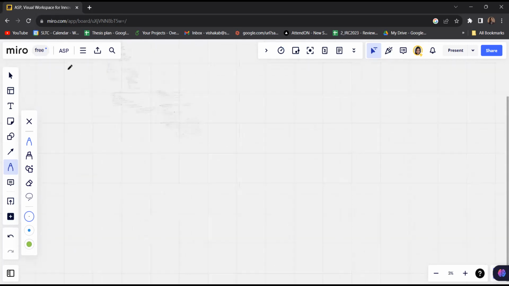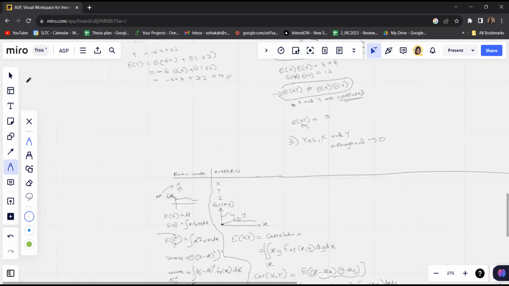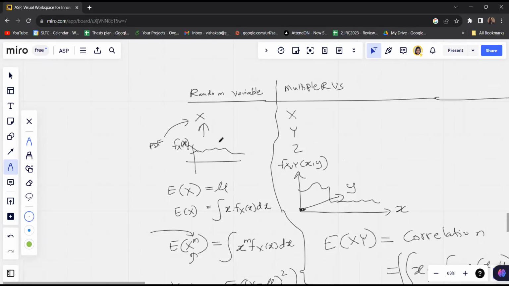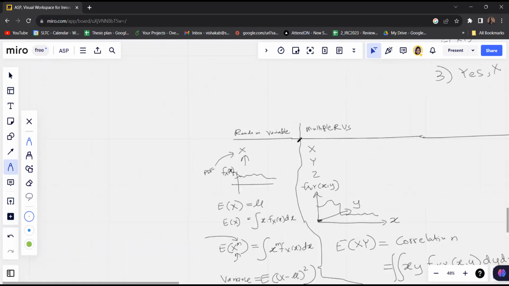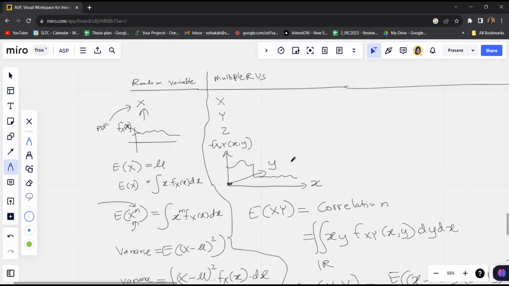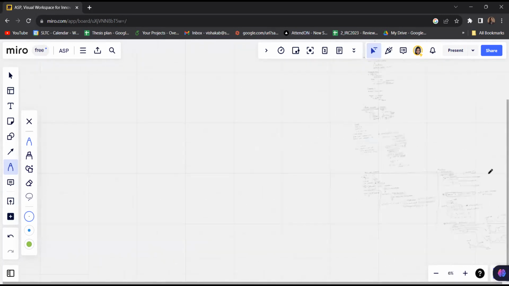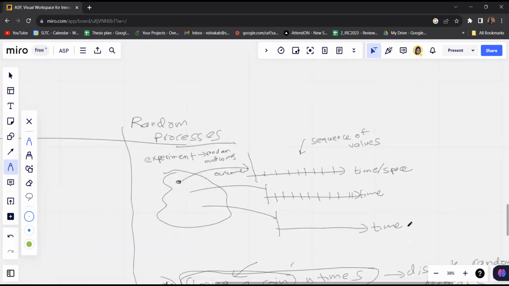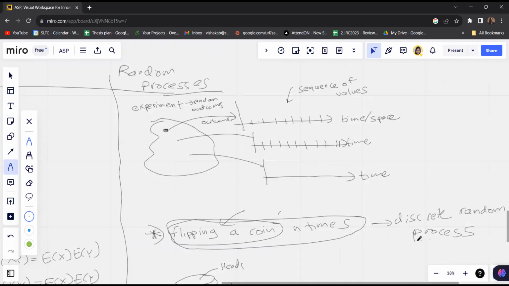The probability density function is the one that we use to find the probability of a certain event occurring in the random variable case. In the multiple random variable case also, we use the probability density function to find the probability of some event occurring when there are two random variables in place. In the random process also, we need to consider a probability density function.